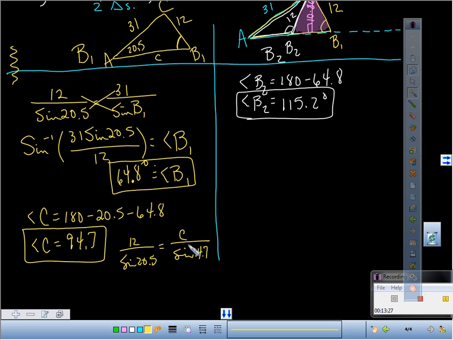That's exactly right. This is the side, so we don't have to use any kind of inverse function. We're not looking for an angle. So C is equal to the two times sine of 20.5. Perfect.